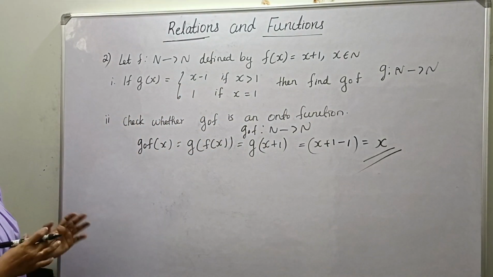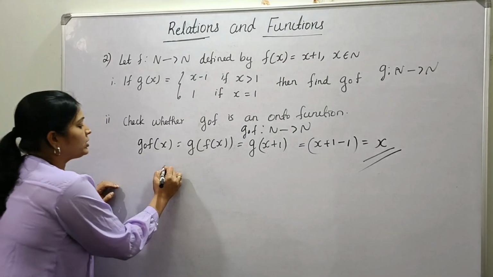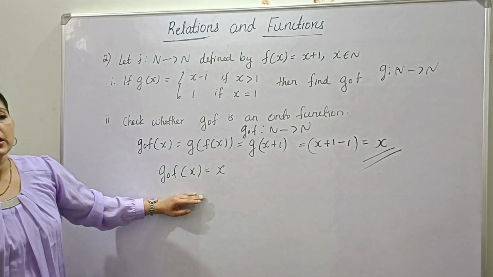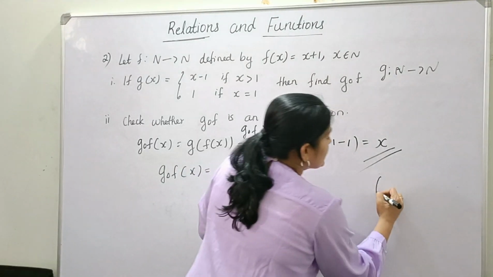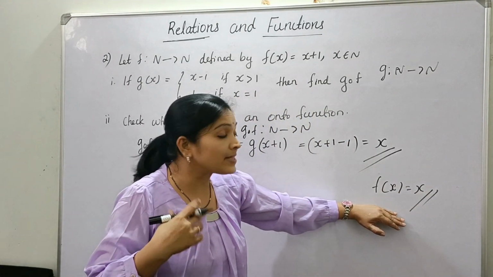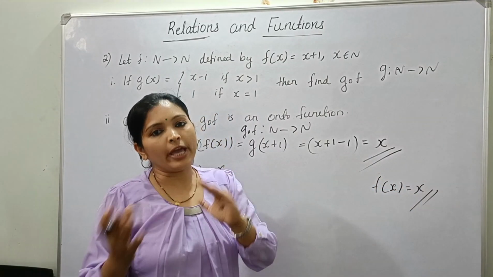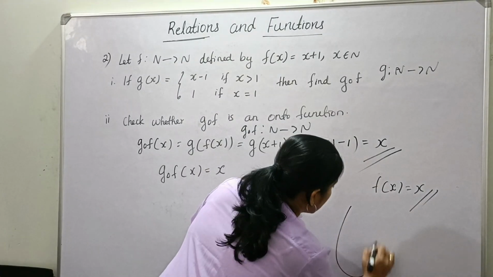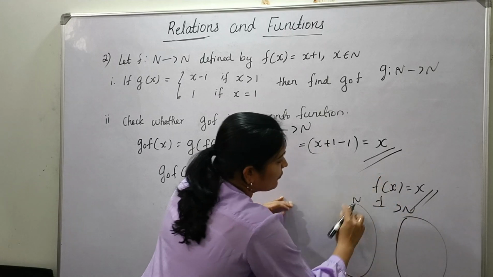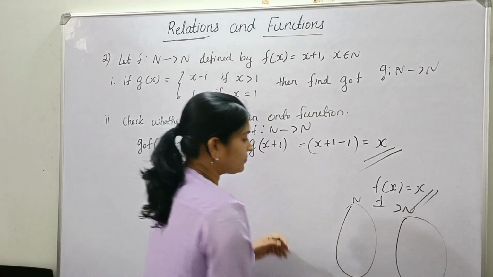Now the next question is, check whether g composite f is an onto function. See, here we have got g composite f of x is equal to x itself. What about f(x) = x? Is it onto function or not? f(x) = x and f is from N to N. Our function is defined by f(x) = x.